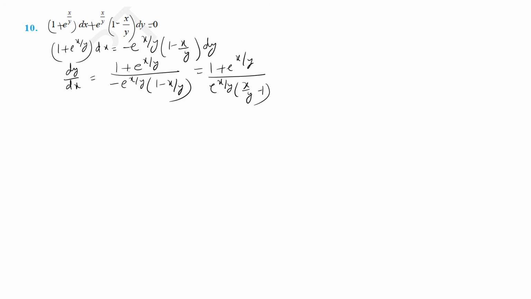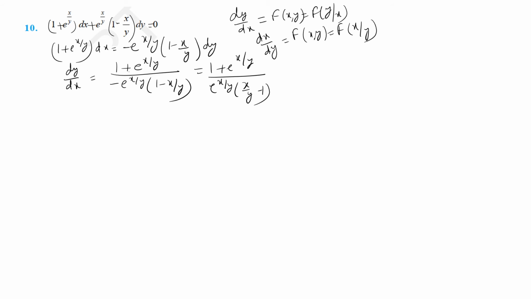But we told you that two types of homogeneous differential equations occur. One is dy by dx is equal to f of y upon x type, and the second one is dx upon dy is equal to f of x upon y, right?